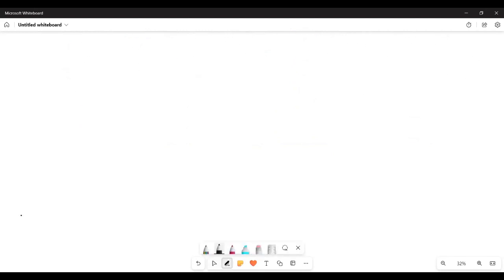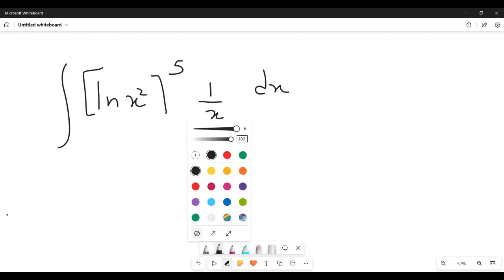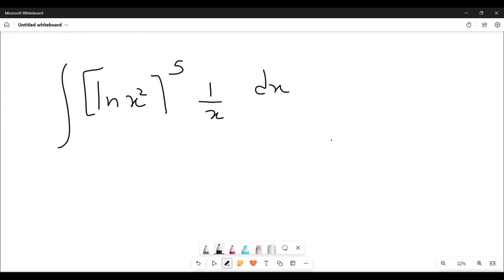Then it's integrate ln x square whole power 5 times 1 upon x dx. Okay.